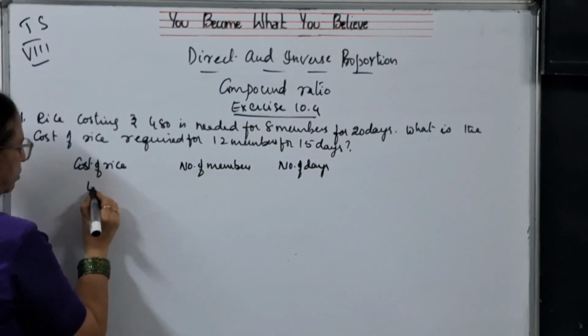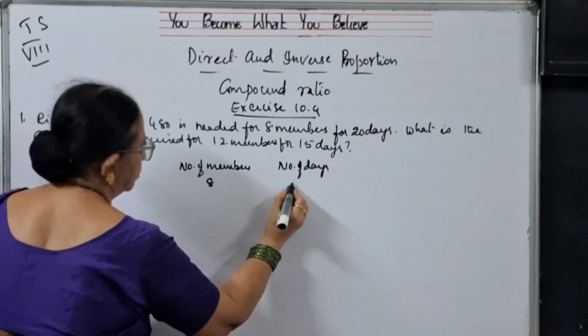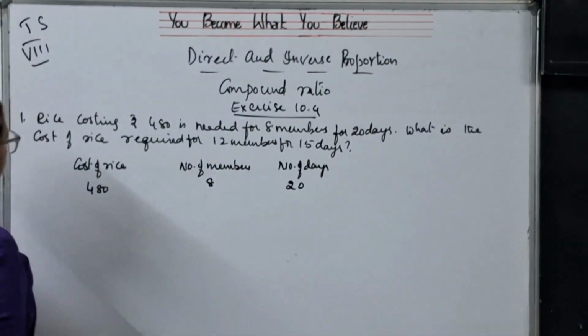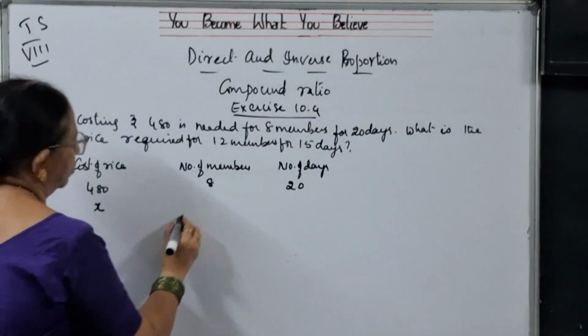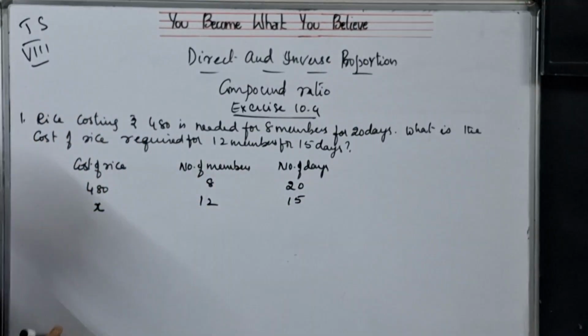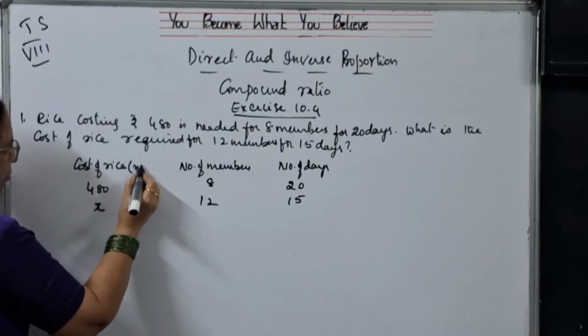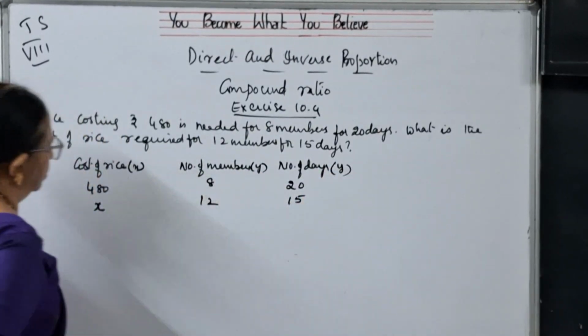So cost of rice is 480 rupees for 8 members for 20 days. Now what is the cost of rice x required for 12 members for 15 days? So this is x, so I'll keep x here, y here and y here.